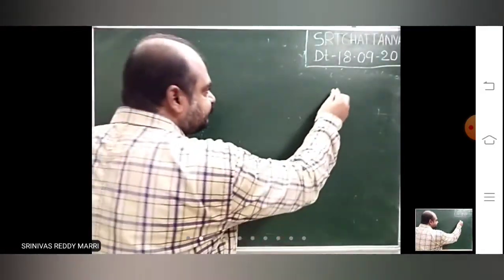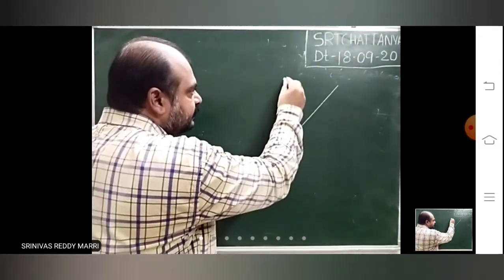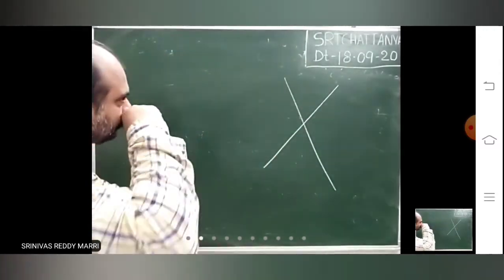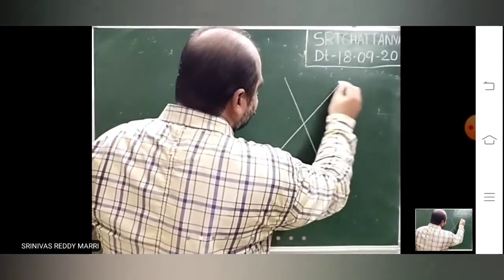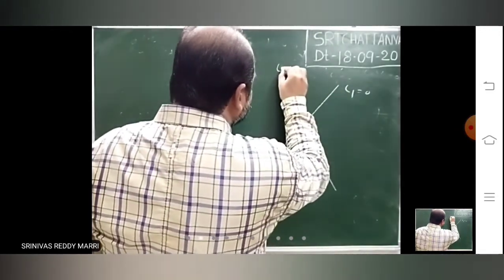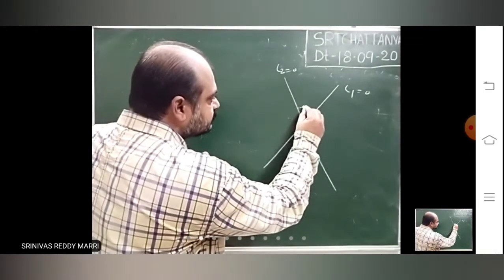Now in that, one more concept is there, the last one. Look, there are two lines: L1 equal to 0, L2 equal to 0, like this. So there are two angles.